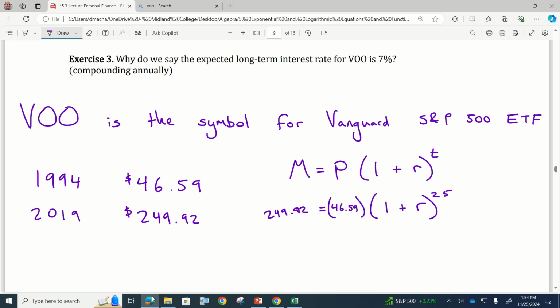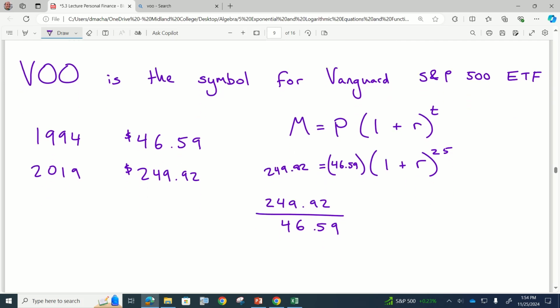So let's rearrange this equation. I'm going to start by dividing by $46.59. That gets rid of the 46.59 on the right side of my equation. And then the right side of this equation is going to be 1 plus r raised to the power 25.